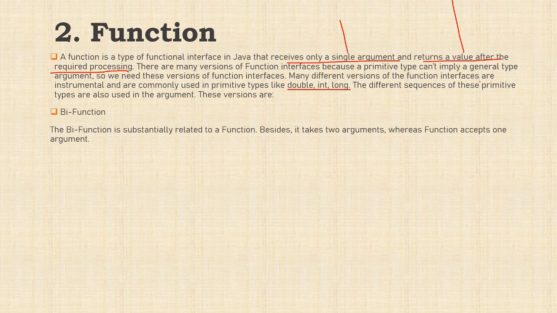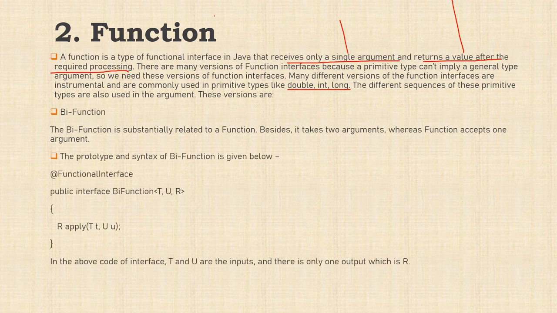In Function, we have the option to take a single argument and it will return a value. And BiFunction: the same apply method will be there, but in BiFunction we get two arguments and it returns a value.